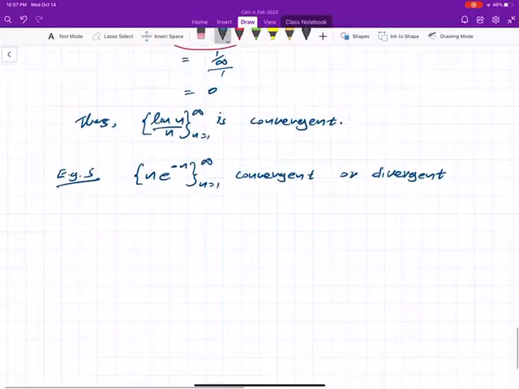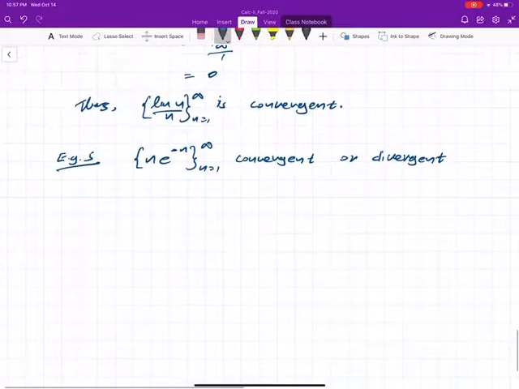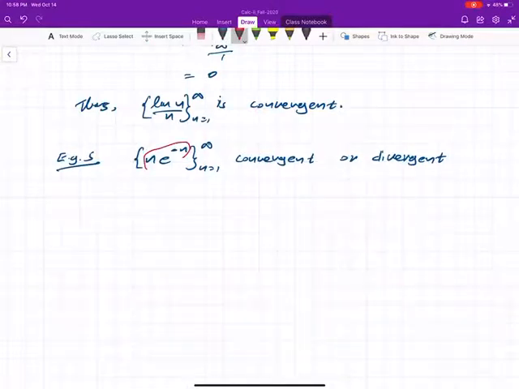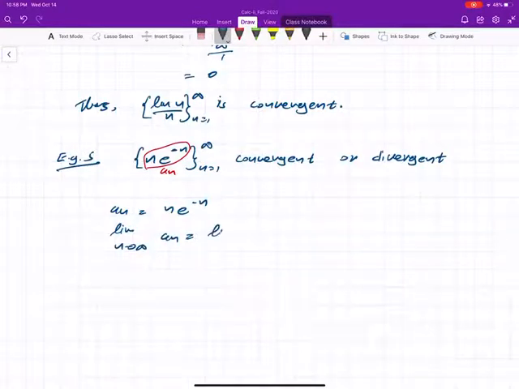All right. Now the same thing, we have to use L'Hopital's rule. First of all, let's get the n-th term, which is right here. And then get the limit of the n-th term, which is the limit as n goes to infinity of n e to the power negative n.